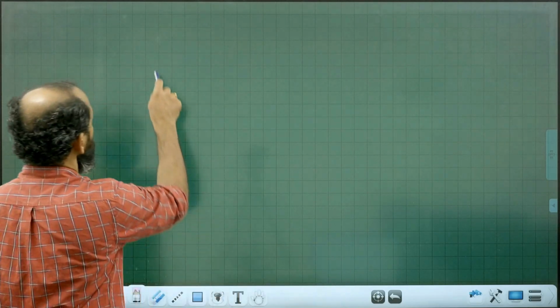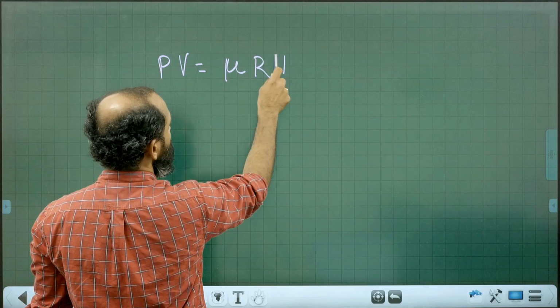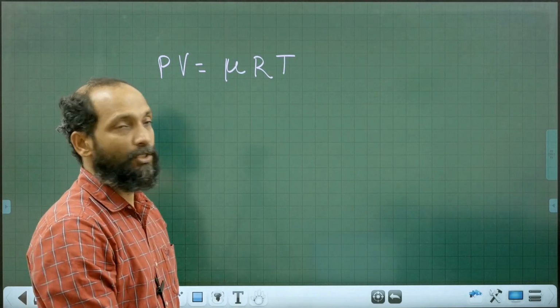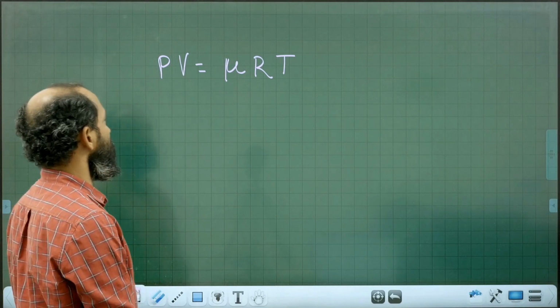Then the third one is expansion of gases. We have learned the ideal gas equation PV equals mu RT, where P is the pressure of mu moles of ideal gas and V is the volume of mu moles of ideal gas.